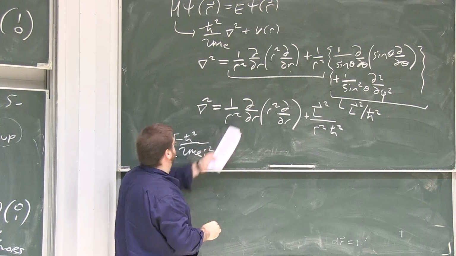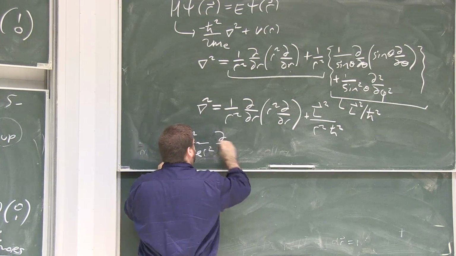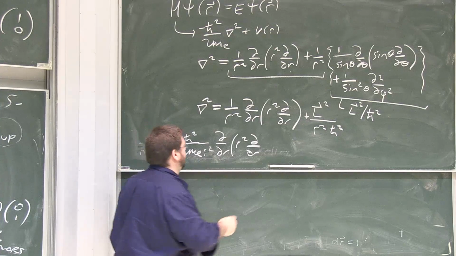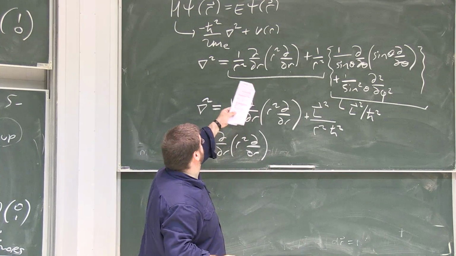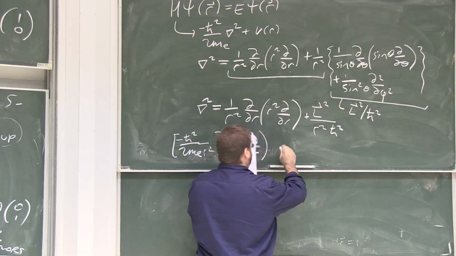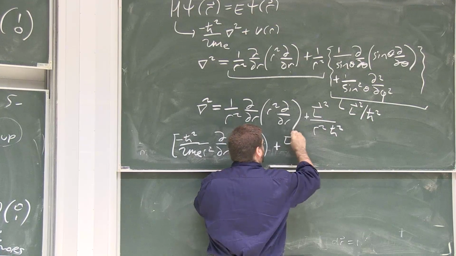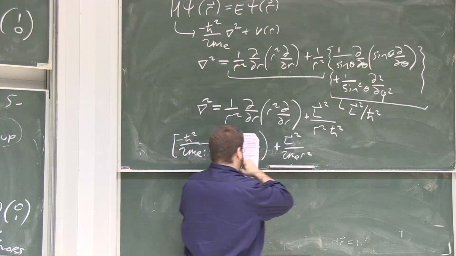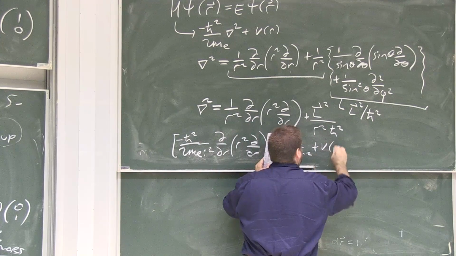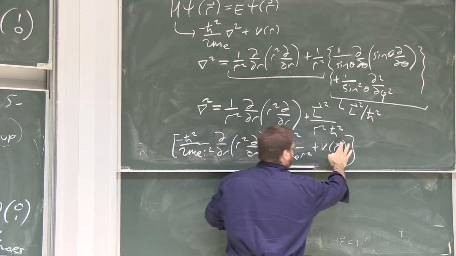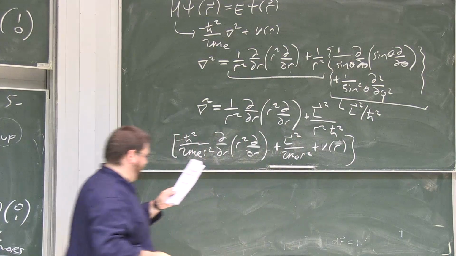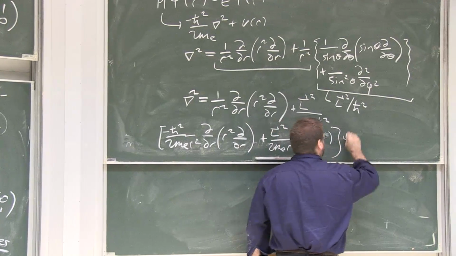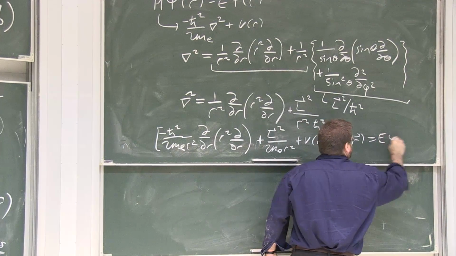This 1 on r squared is here, d by dr, etc. Plus this stuff, L squared on 2 m_e r squared, plus V of r. And again, this is a rotationally symmetric potential. So all of this acts on the time-independent wave function to give the energy times the wave function.